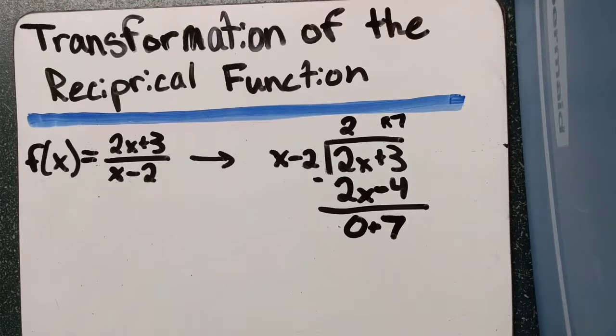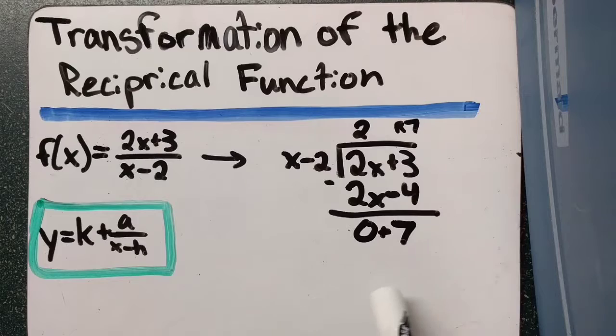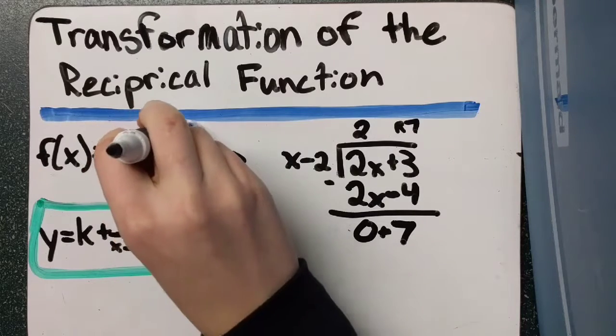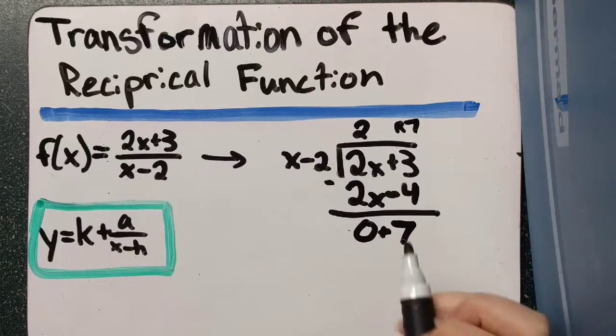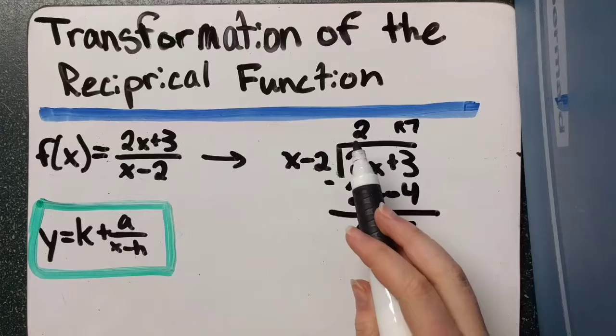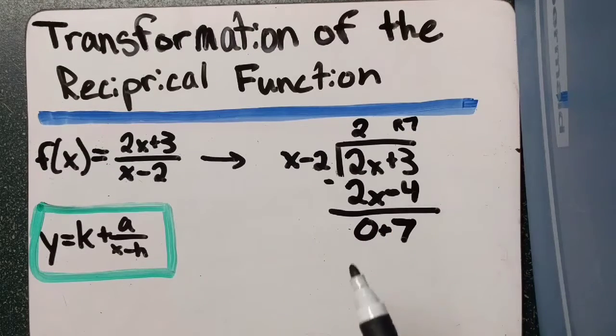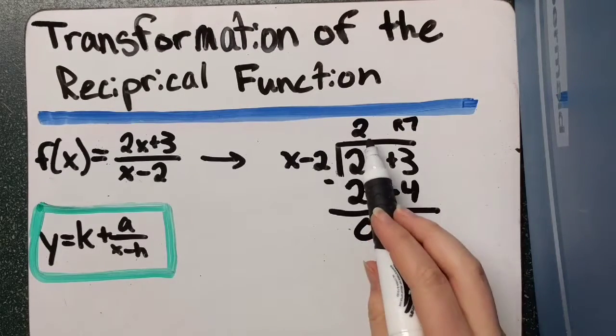Remember that we have to get from this form to this form, y = k + a/(x − h). The division we did leaves us with 2 with a remainder of 7. So this 2 is going to be our k value.